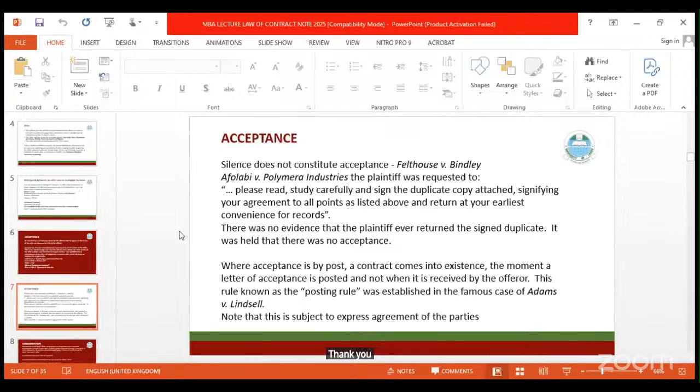So according to the story, the facts: Faith House wanted to buy a horse from his nephew, and offered a specific price for the horse and stated that if he didn't hear from his nephew, he would consider the horse his.